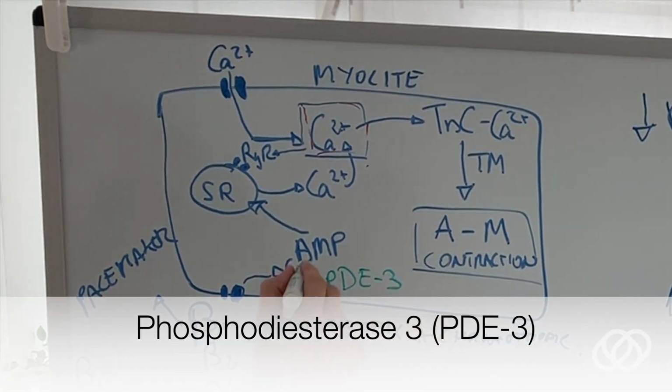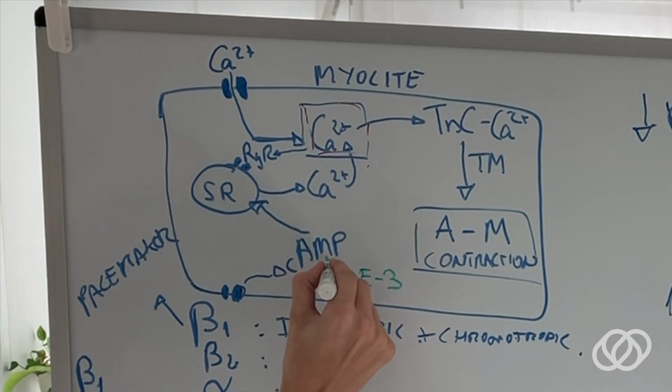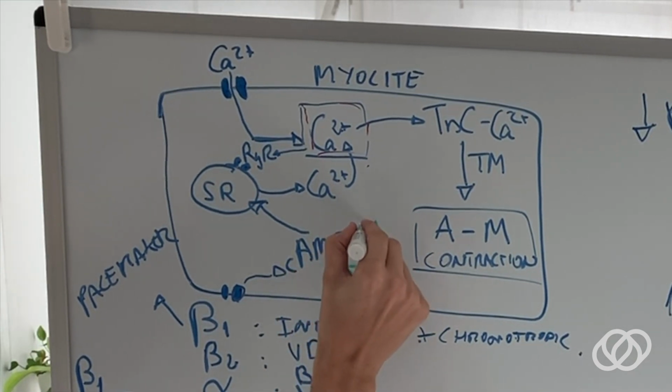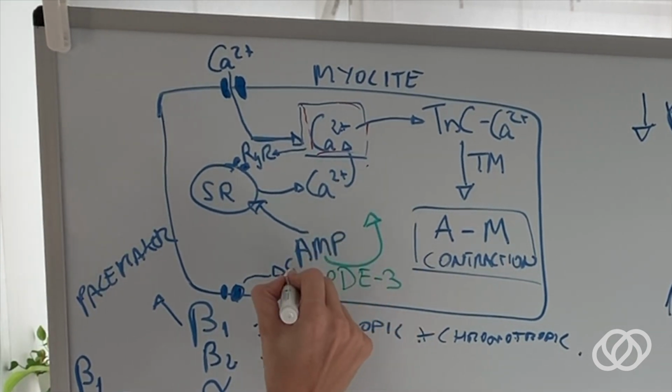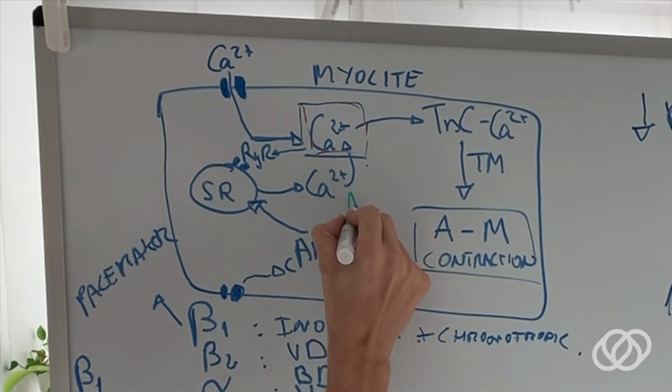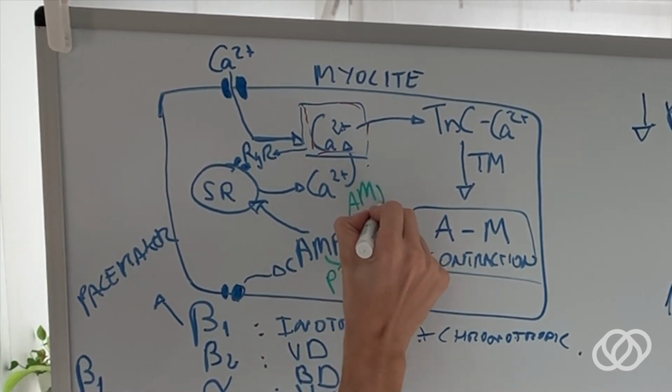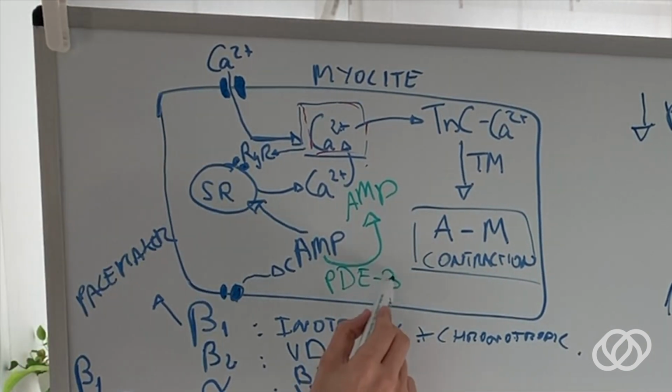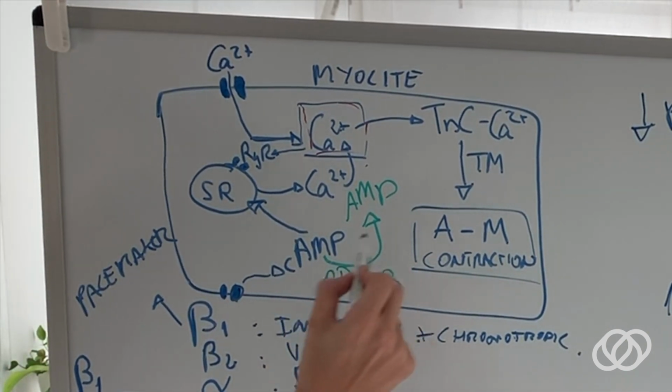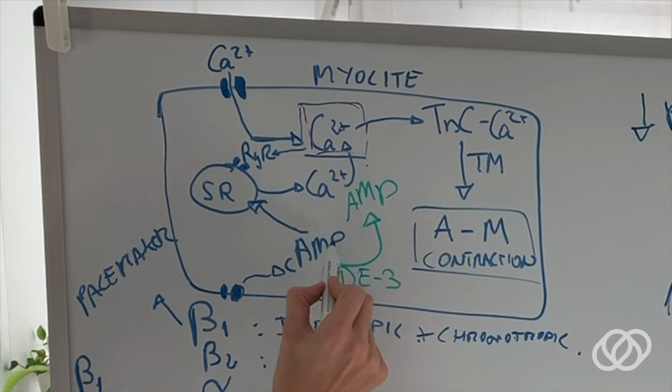This enzyme turns the cyclic AMP into AMP, so this enzyme degrades the cyclic AMP.